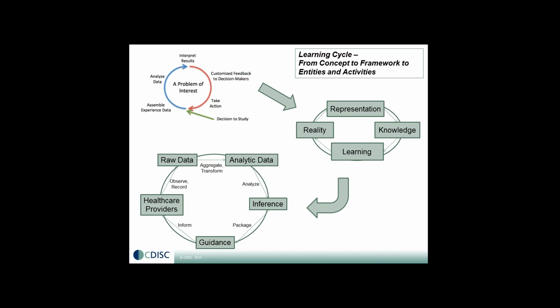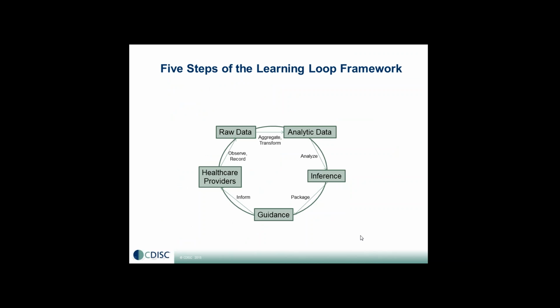And finally, in the lower left-hand corner, you see what we consider to be a structure for looking at a learning cycle, a learning loop, that tells us what the technical steps are that have to be done to automate a learning loop like this.